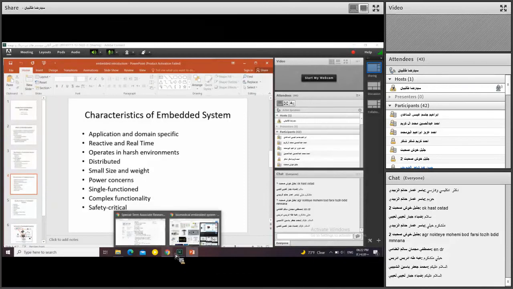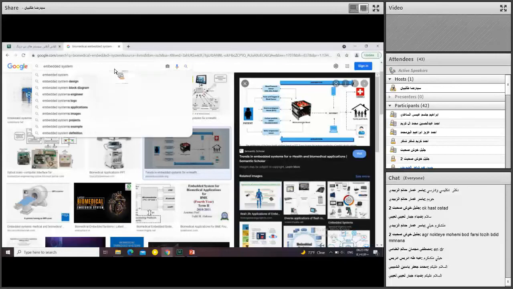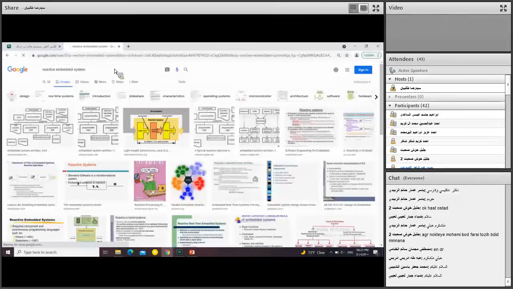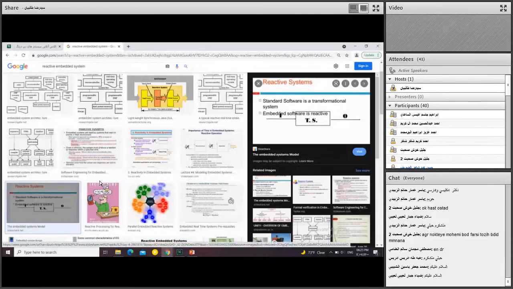Okay, about reactive and real-time, it is better to write, especially for reactive embedded systems: reactive systems.